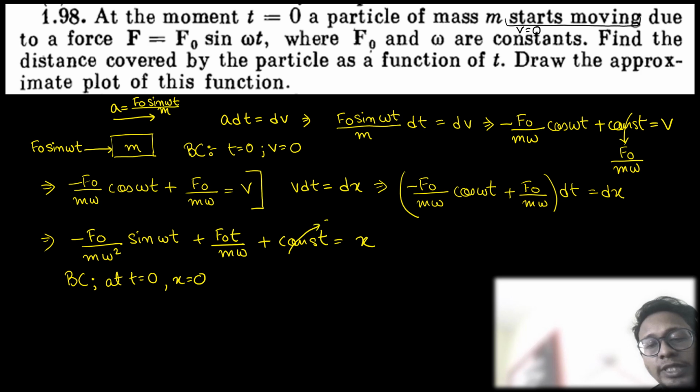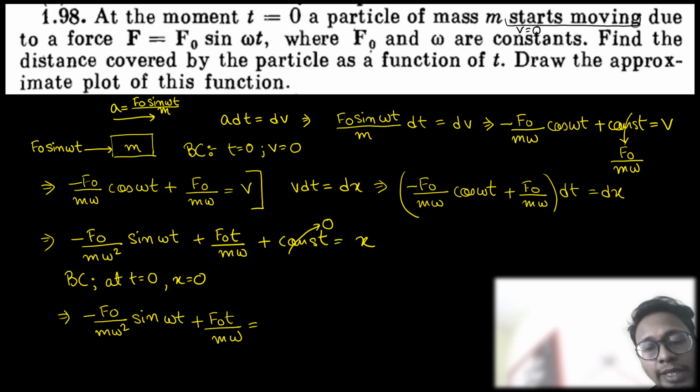So the value of the constant is 0 here. Our equation of displacement becomes minus f naught by m omega square sine omega t plus f naught t by m omega equals x.